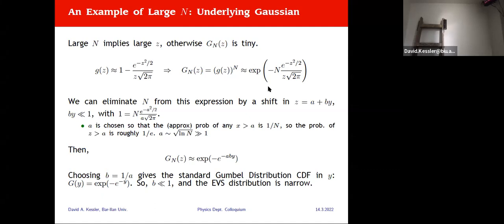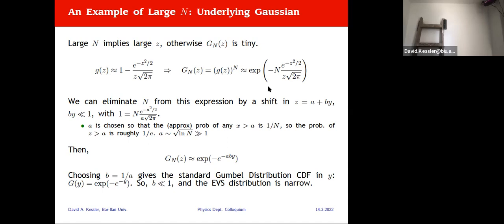So basically what that says is that you want your z to be big enough so the probability left over is basically 1 over n. Because if you're picking n numbers and the probability of getting a number bigger than that is 1 over n, then you have basically this order 1 probability that's what sets the scale with a.